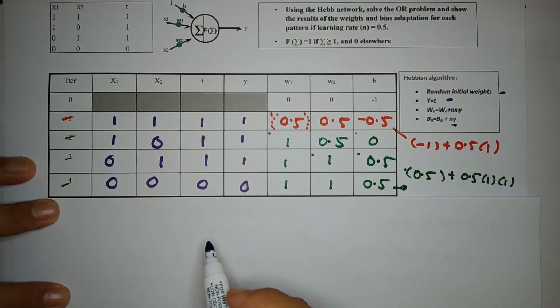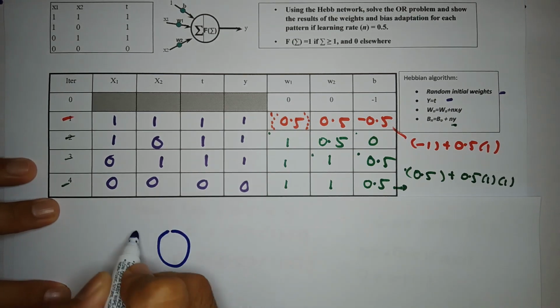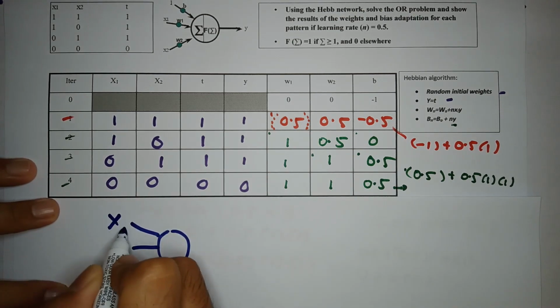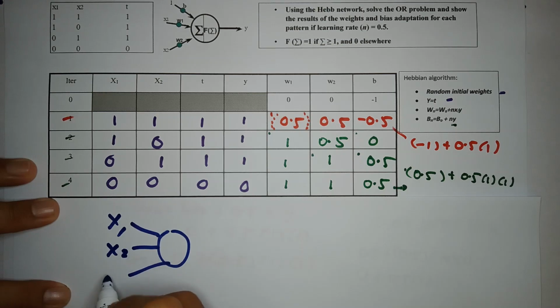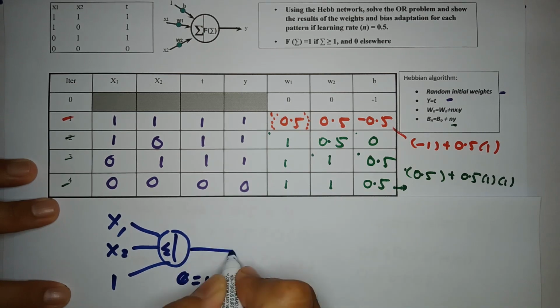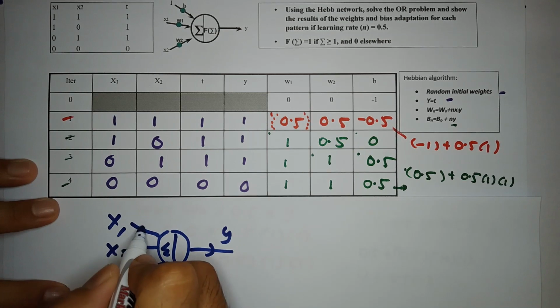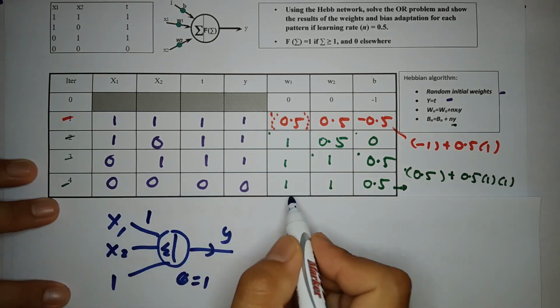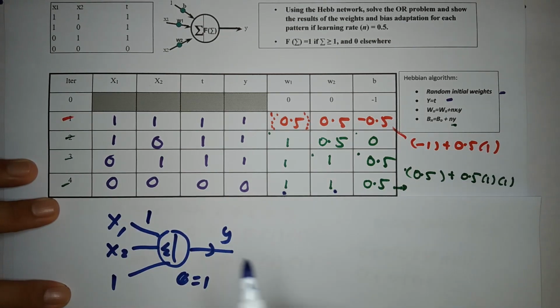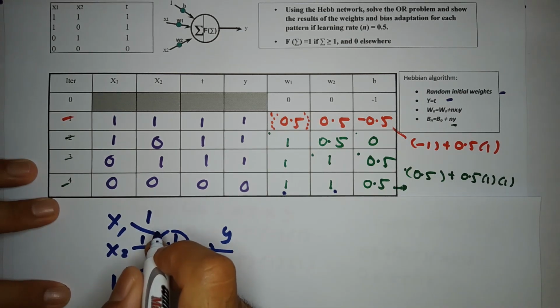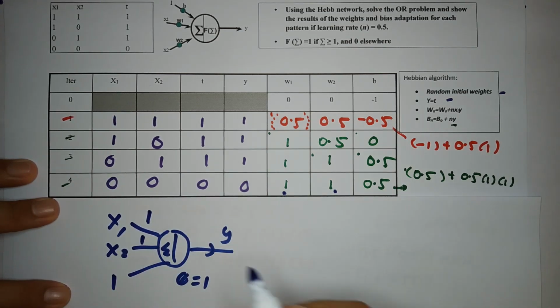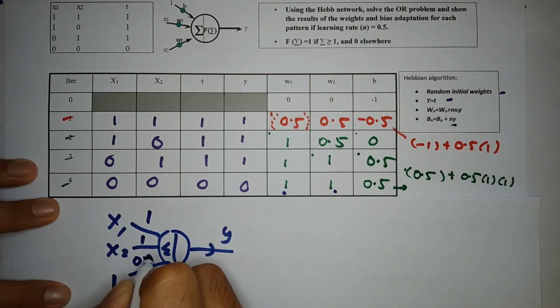From this particular neuron, I just draw back x1, x2, and also the value of 1. So this is the summation, and then theta will be equal to 1, which is this is the y. For this particular case, our first weight will be equal to 1, and our second weight also equal to 1, w1 equal to 1, w2 equal to 1. And finally, the bias will be equal to 0.5.